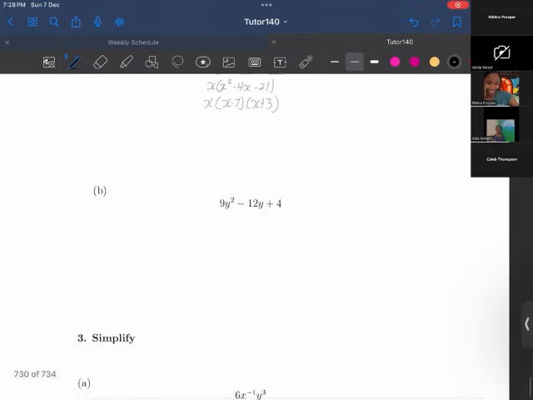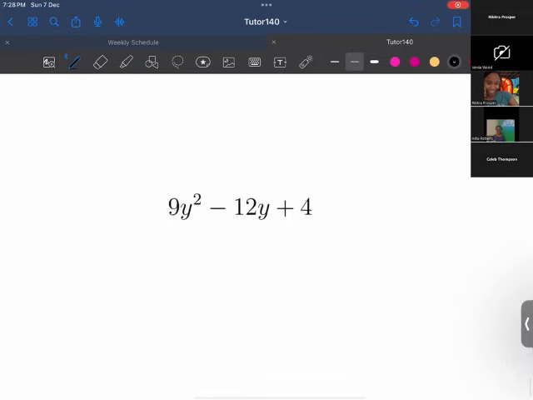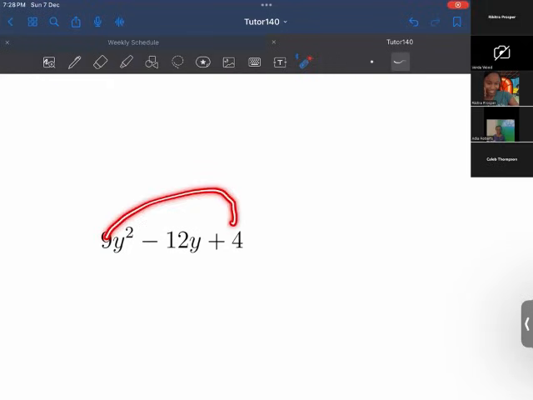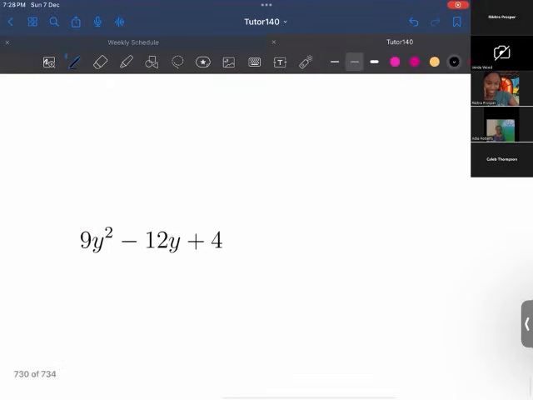Okay, now, first thing, this is a quadratic equation again, but now you're approaching this one differently. You're going to multiply 9 times 4. 9 times 4, 9, 18, 27, 36. That would give you 36, right?